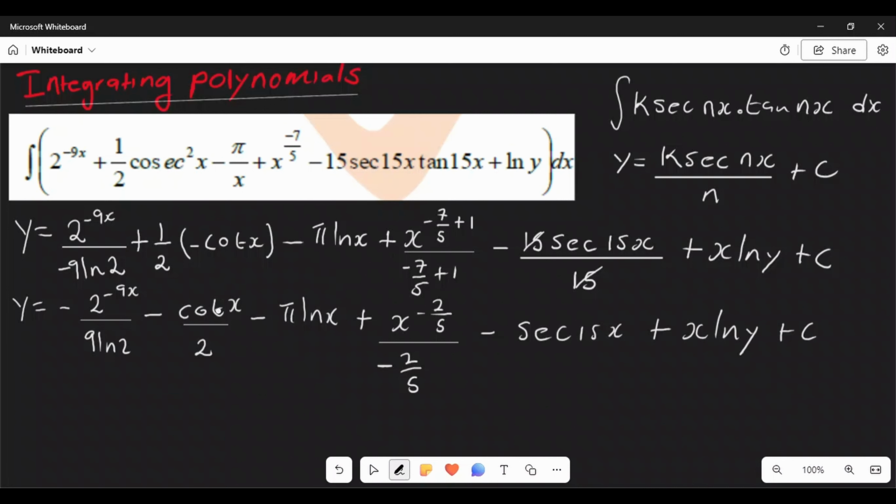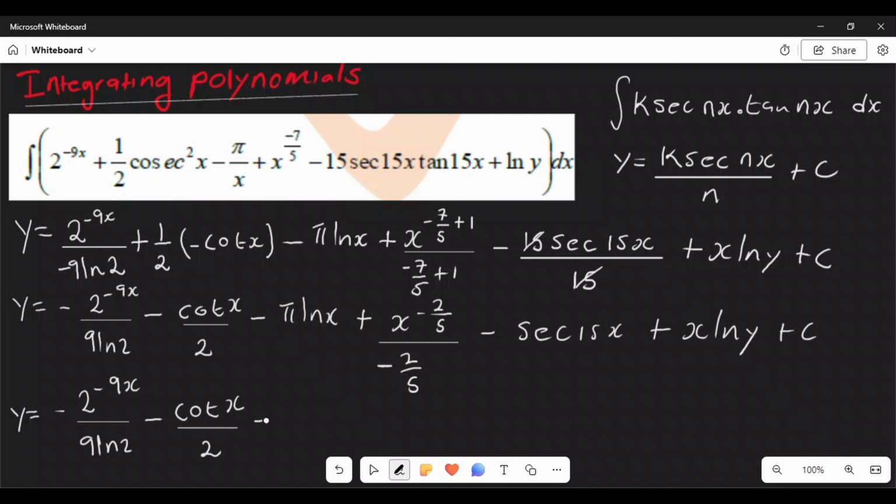Now let's rewrite it in the right manner. Because of this term here, you cannot leave your answer like this. So let's try to rewrite it in the right manner. Now the final answer is gonna be this one. There's nothing we can do. We write it like this. The first term is 2 to the power of negative 9x over 9 natural log then 2. And then the second term, it's also negative cot x over 2.